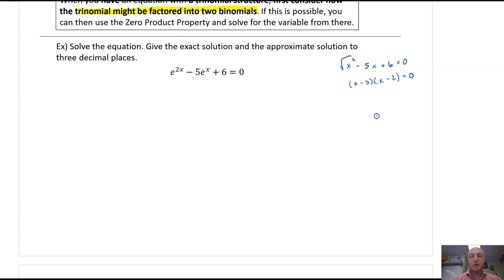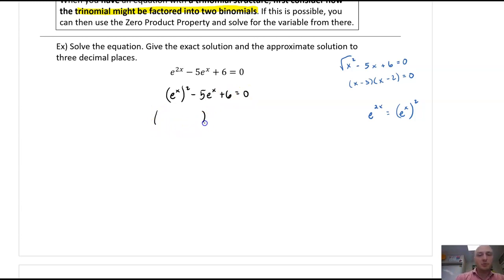Another fact that might help you out is that e to the power of 2x is really e to the x squared, okay? So if you think of it that way, that can kind of help you out. And I'll go ahead and rewrite it this way. Okay, so I'm going to go ahead and factor this trinomial like a regular binomial.